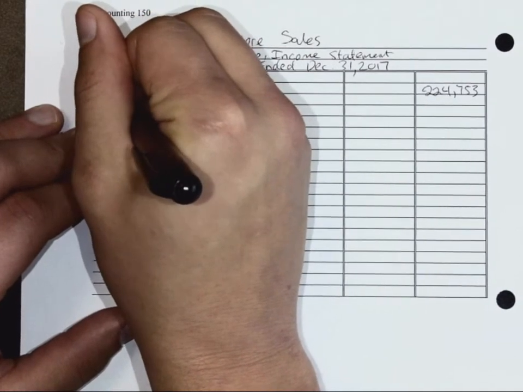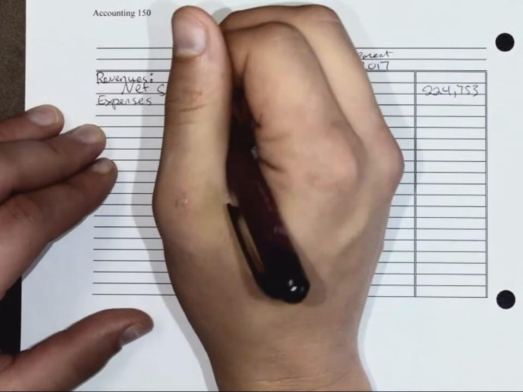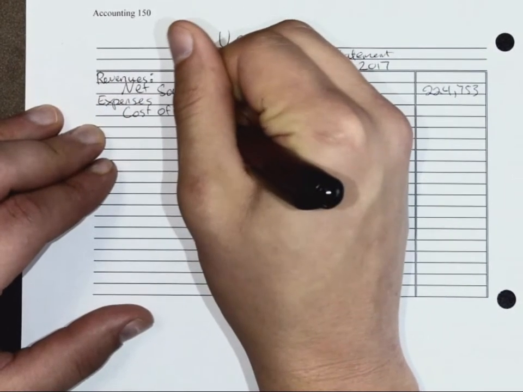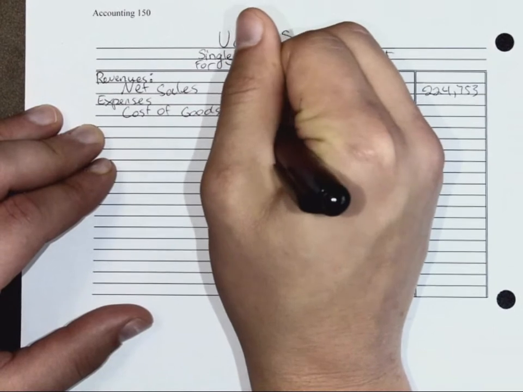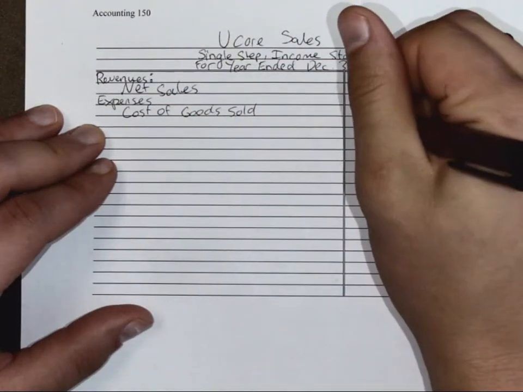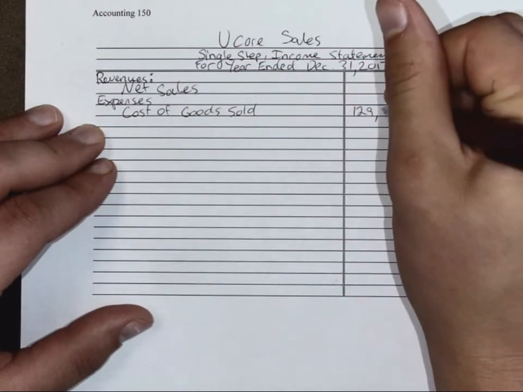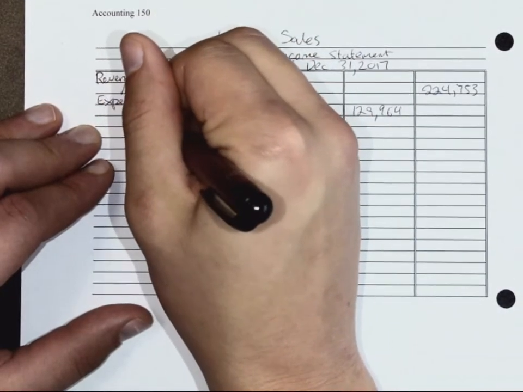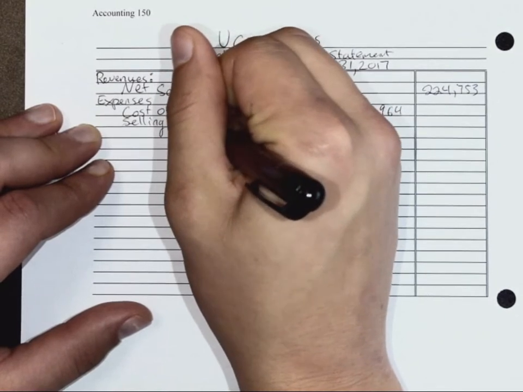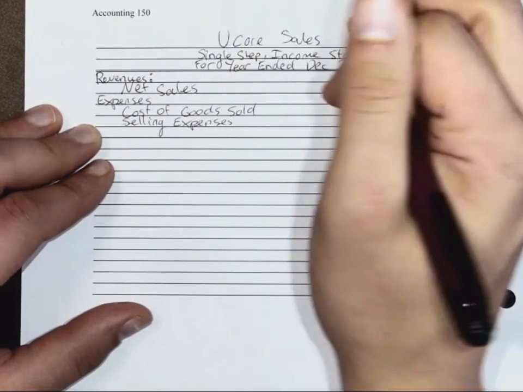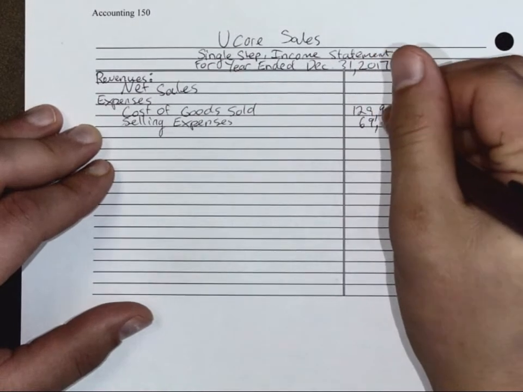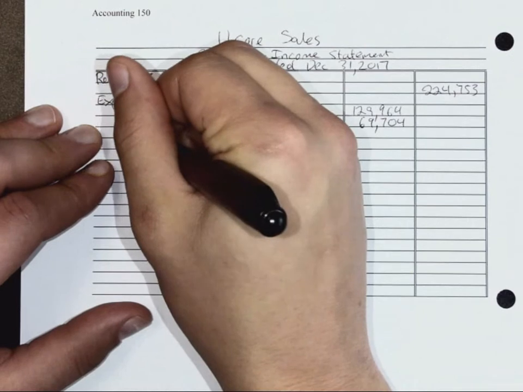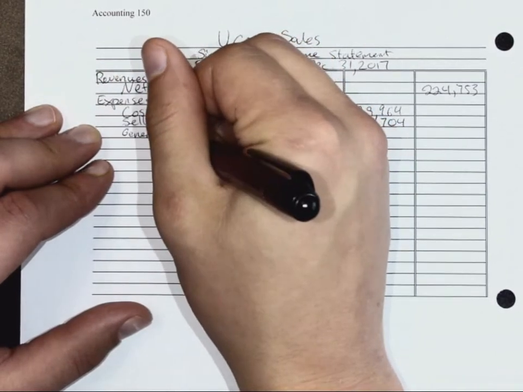Then we give our expenses. We've got our 3 sections: our cost of goods sold, our selling expenses, and our general and admin.